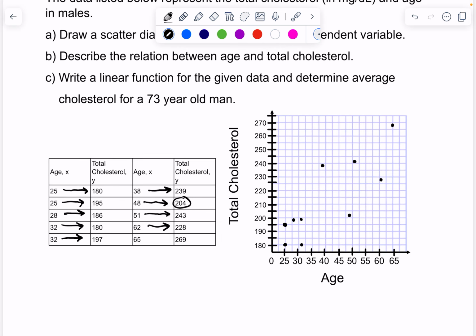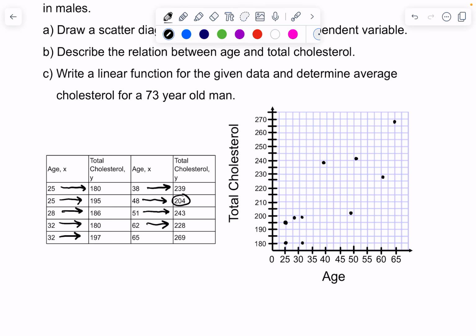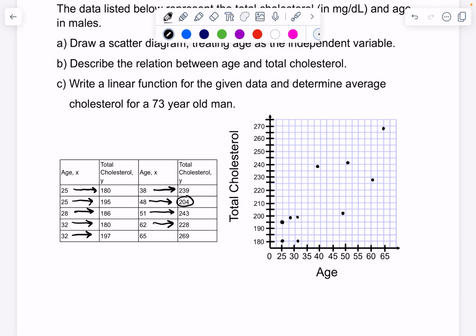So in order for doctors and pharmacists to figure out how much medicine, for example, to give someone, or what the average cholesterol should be, they can go ahead and create an equation, okay? And before they create an equation, they're going to make a trend line or a line of best fit. And the way you do that is you usually start with your first value, which is going to be over here. At 25 years of age, you have 180.